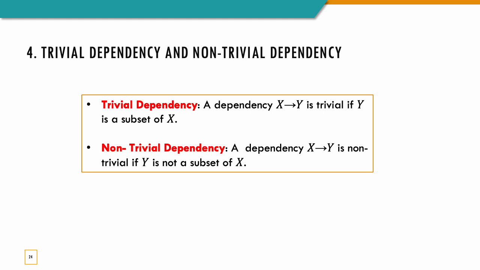So the last type of dependency is the trivial dependency and non-trivial dependency.